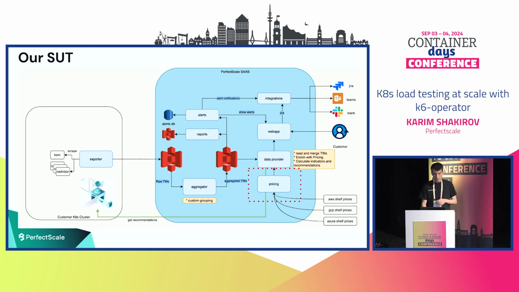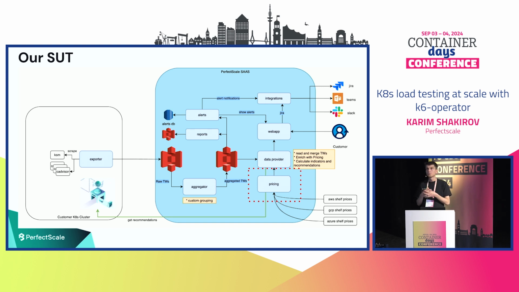Here you see we have customer data coming to us. It's going to S3. After that, it's aggregated and also stored in S3 and spread across reports, alerts, and data provider things.